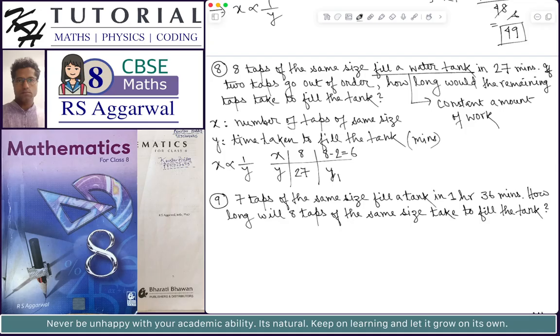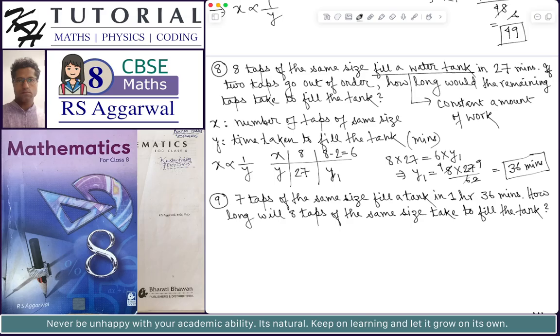So now we can say 8 multiplied by 27 is equal to 6 multiplied by y1. So this implies y1 is equal to 8 multiplied by 27 divided by 6. This is 3 times 3, 9 times 4, which is 36. So 36 minutes. So 6 taps will take 36 minutes to fill the tank.